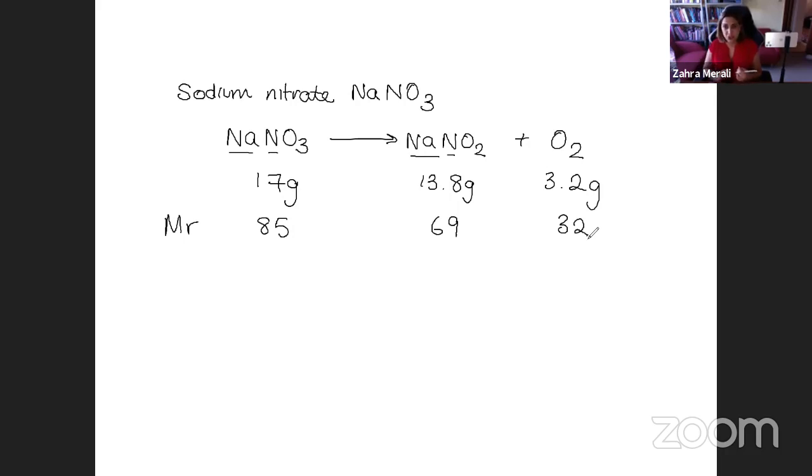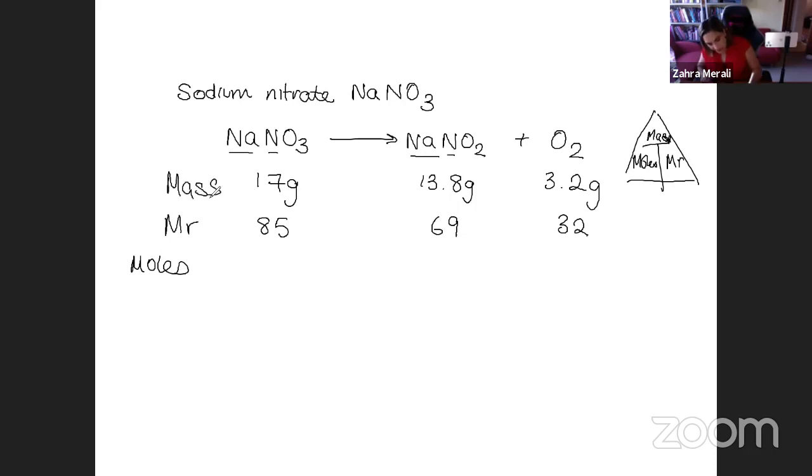Now, step 2, convert it to moles. Let's put our triangle up on the side: mass, moles, MR. So my moles is my mass divided by my MR. So 17 divided by 85 gives me 0.2.